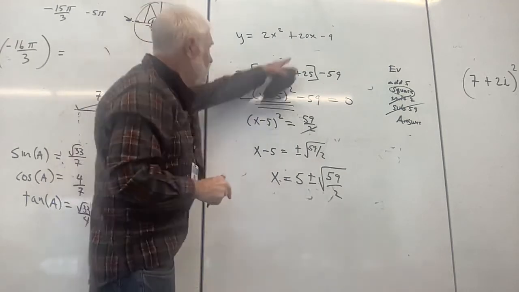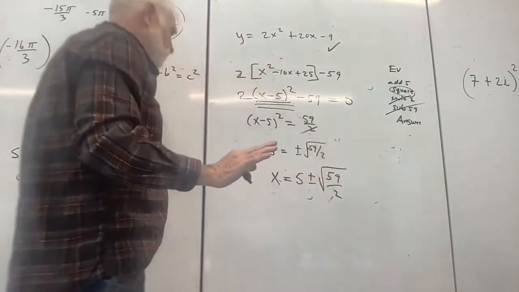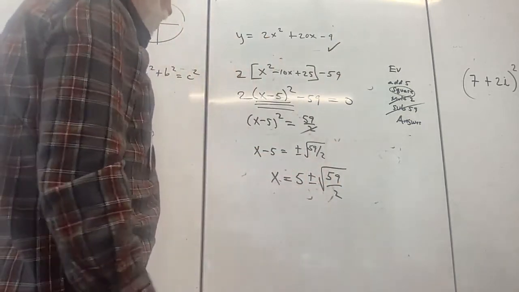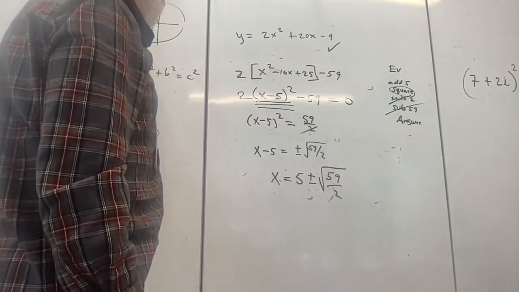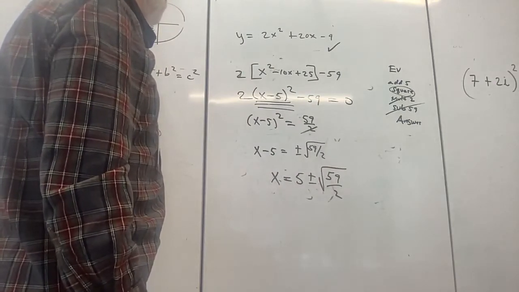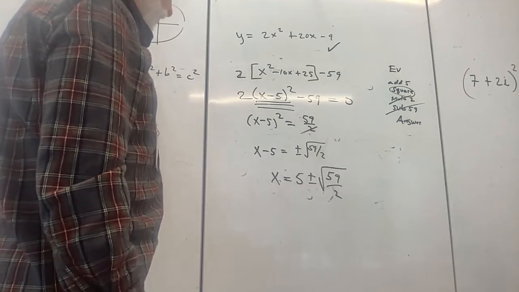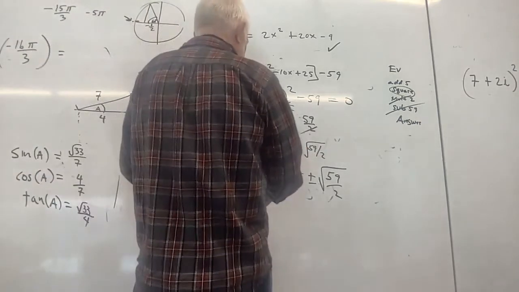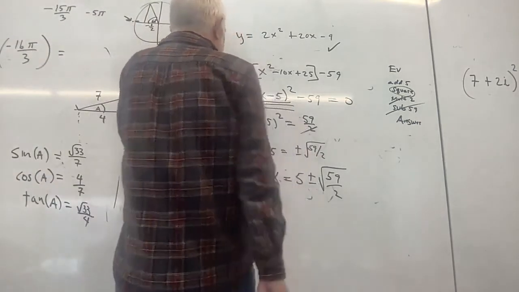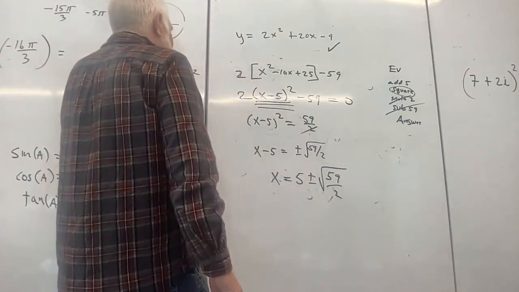Right, because that did not match up to that. The 50 minus 59 did. So I made a careless error here somewhere. Let me see where I made it. Tired brain here. X minus 5 squared. X squared minus 10x plus 25.